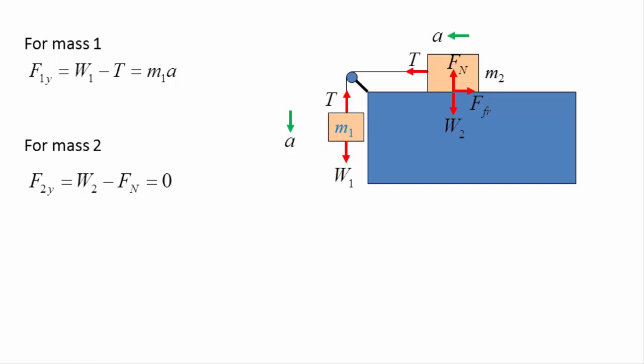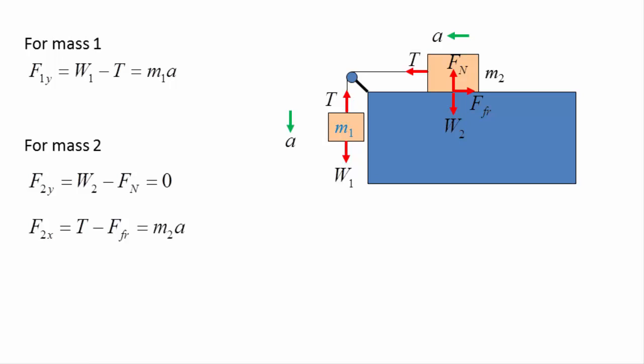So along the horizontal direction, we have tension directed to the left, which is positive, and frictional force directed to the right, which is negative. So Newton's second law for mass 2 along the horizontal direction is tension minus the frictional force to give us a net force being equal to the product of mass 2 and the acceleration, which is in the positive left direction.